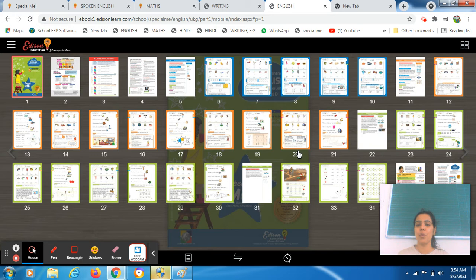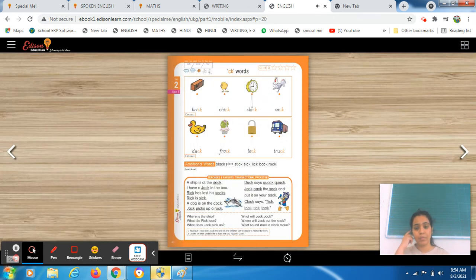Now you all have to open page number 20, which I introduced in the last previous session. This unit E, I introduced in the previous session. I only introduced you to the first half of this page. So today we all have to complete this worksheet by completing our second half.